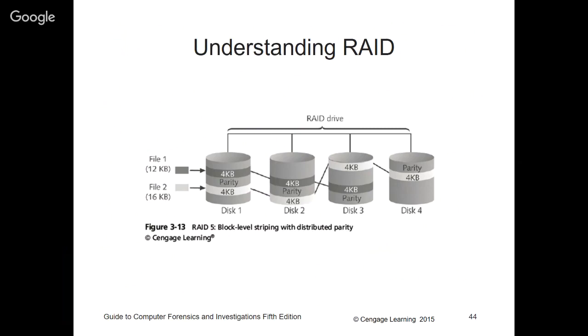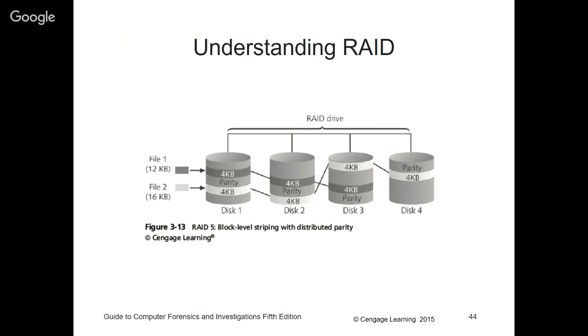So if disk 3 fails, not only did you lose part of file 2 and part of file 1, that's indicated by the dark gray band and the light gray band, you can then put in a new drive for disk 3, and it will then go forward and rebuild that index based off the parity bits from disks 2, 3, and 4. 4, 4, 4 out of that, 12 out of the 16. So it only has to rebuild one of that. If disk 2 fails, it has to rebuild file 1 and file 2. The 4K part of file 1, and 4K of file 2.